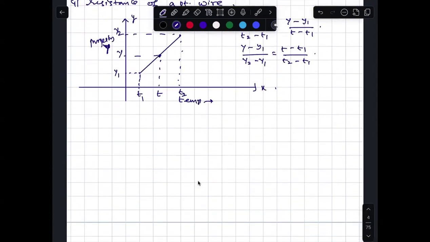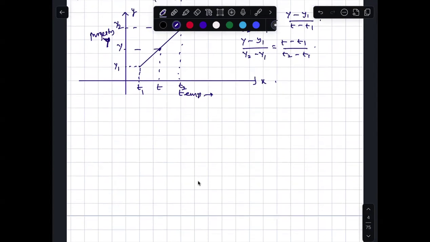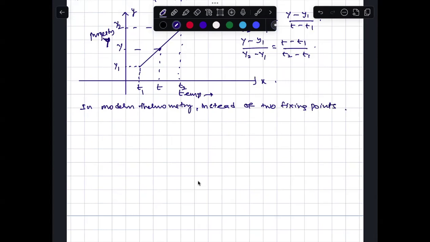But this is all old methods. In modern thermometry, instead of two fixing points, we will choose only one reference point.